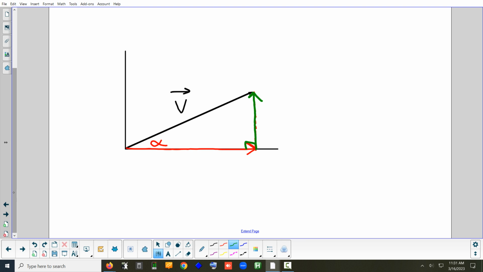All right, let's call this side x. Let's call this side y. How could we find x if we know the angle and we have that vector? Yeah, it would be cosine.